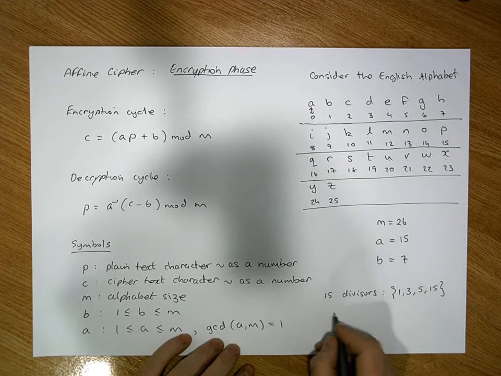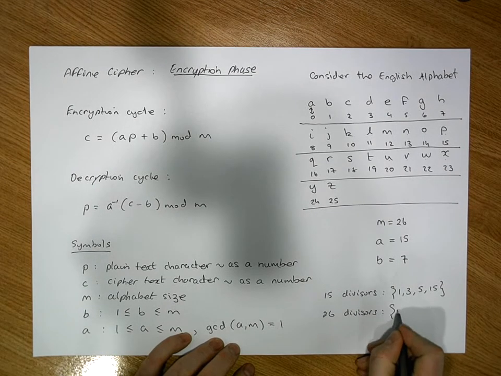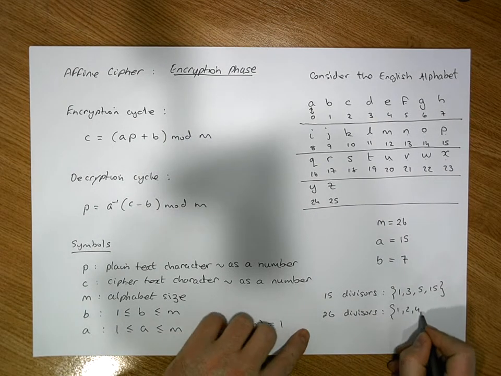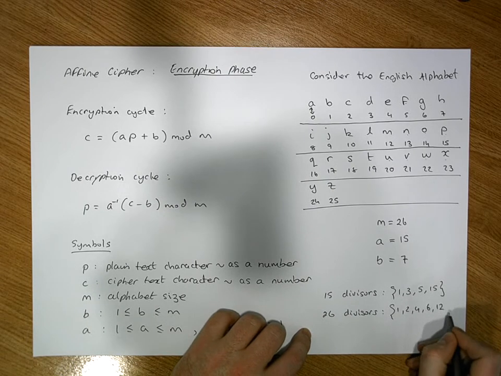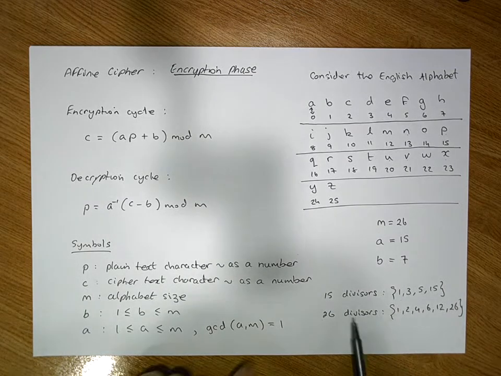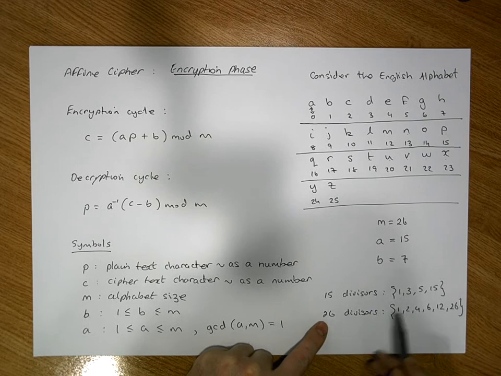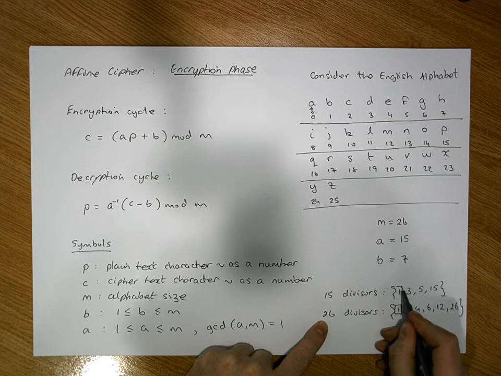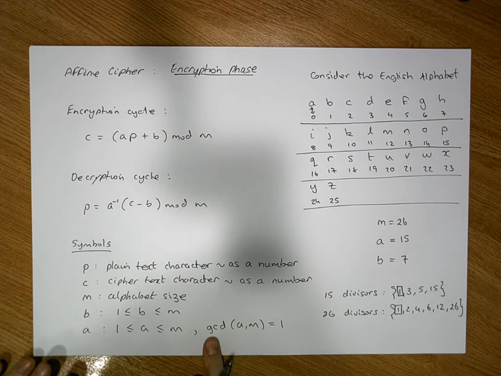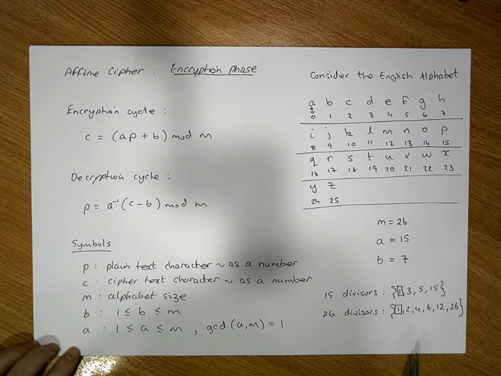The divisors of 26 are 1, 2, 13 and 26. What we can see is that the only common divisor between the divisors of 15 and the divisors of 26 is 1. This is an important condition, because the greatest common divisor between A and M must be equal to 1. That's why I picked 15, as one example. We could have picked 7.